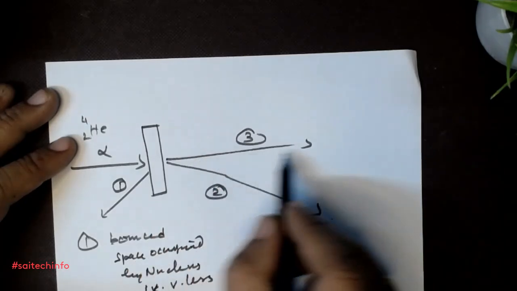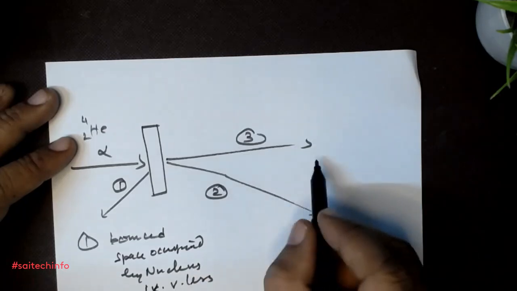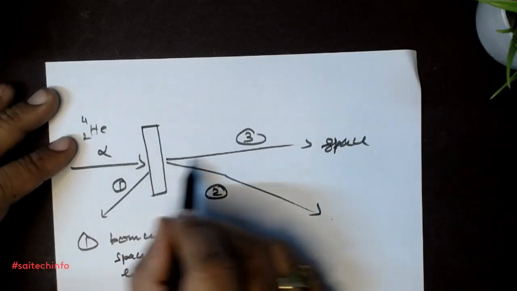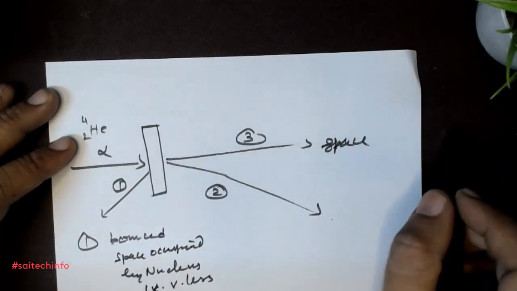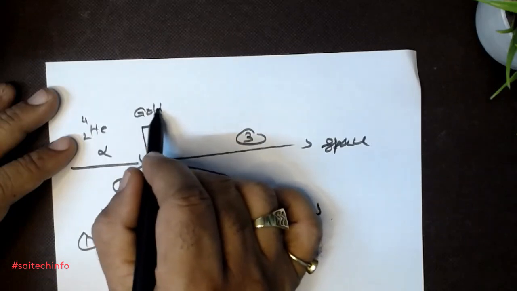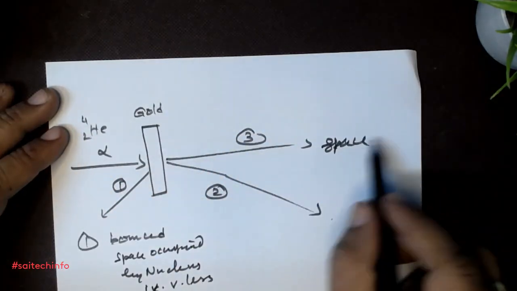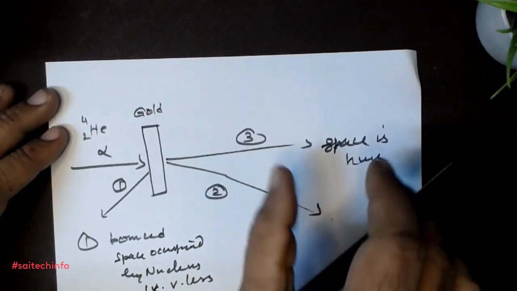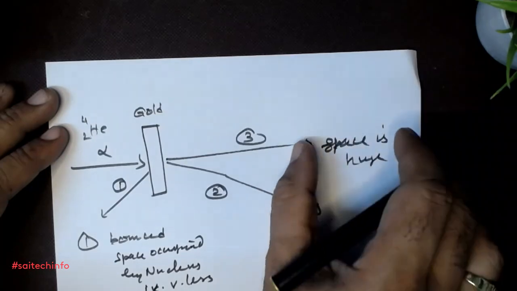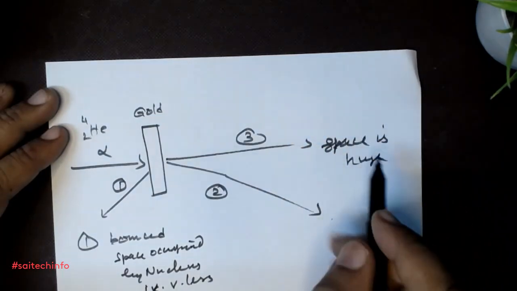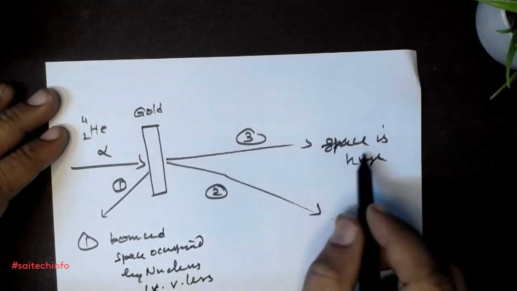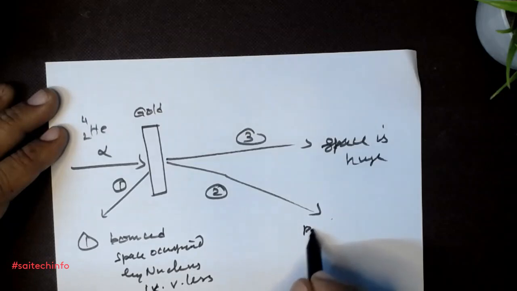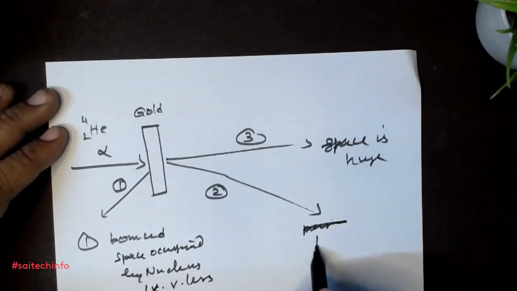And in the atom you have got plenty of space, enough space. Because of more space, these alpha particles went through the gold foil as though nothing has happened. So the space is huge here. So this third inference indicates the huge space available in the atom. And here it indicates the presence of electrons.